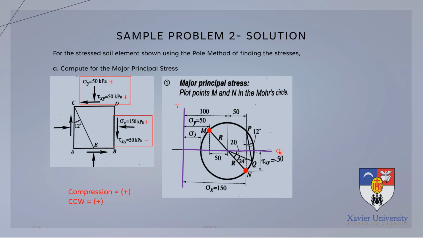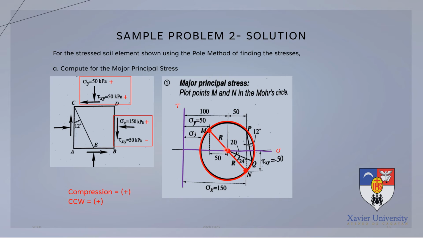Okay. Next, if we have these two points, all we have to do is connect them. This will serve as the diameter of our Mohr circle. If we draw a circle around that, then we have our Mohr circle already for the soil element with these given stresses. Our circle has a center at this point, at a distance equal to 100.